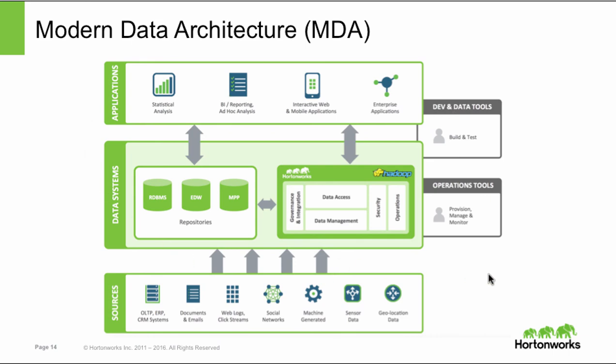But we see it all fitting together, and you might hear other things like a data lake, a modern data architecture. Those are very similar terms, and I would like to say that there are some basic foundational attributes of something like this, and they are simply: collect everything, put everything you can in its rawest form into Hadoop.